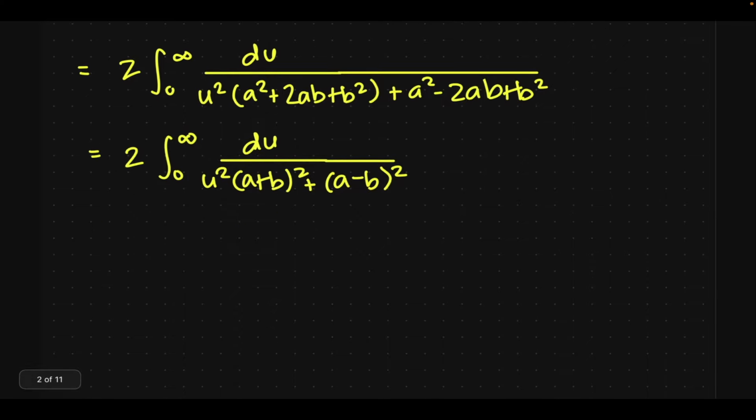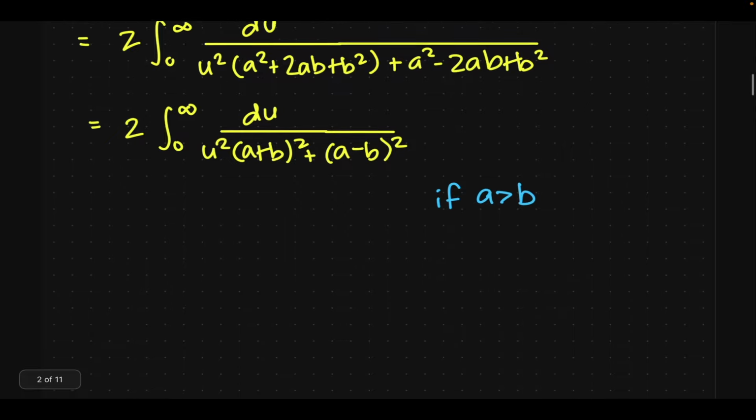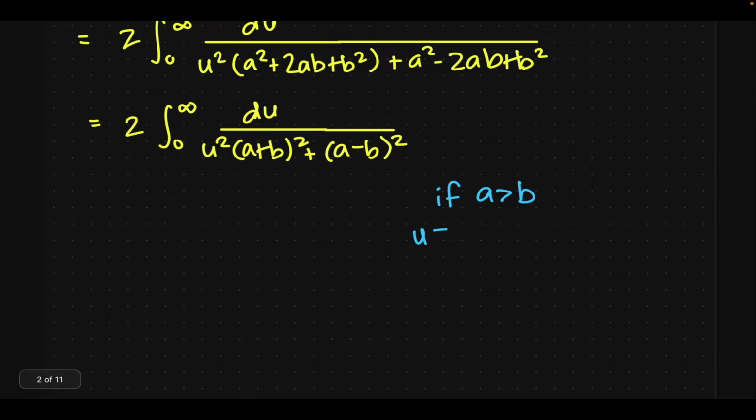Now, what's going to matter here is actually what substitution we make. So if, and I will change the color now, if a is greater than b, then the substitution will be a minus b over a plus b times tan theta.